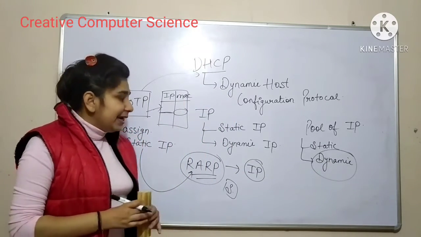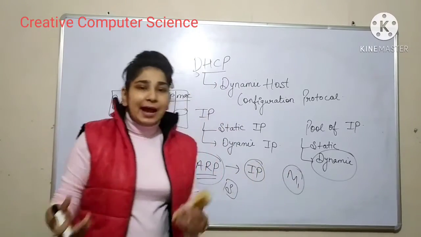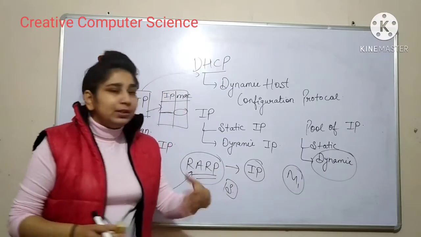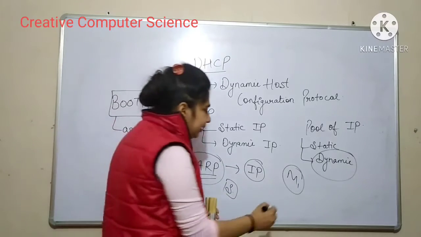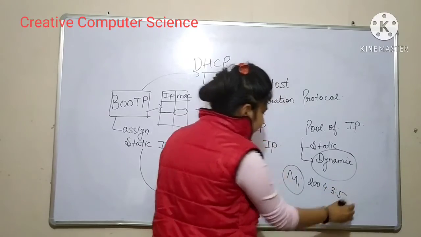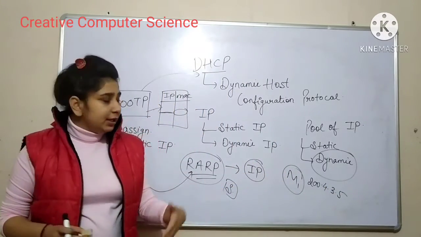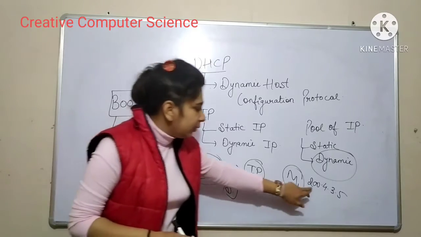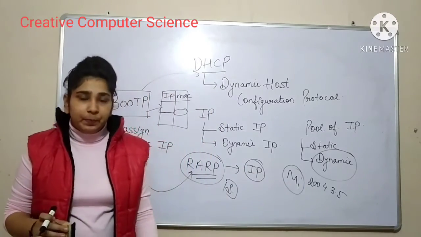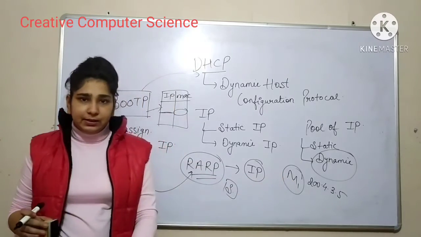Let's suppose this is machine M1. One time when it wants to connect to the network, let's suppose it is given the IP address 200.4.3.5. The first time this machine is connected to the network, it is given this IP address. Later, after some time, it gets disconnected.